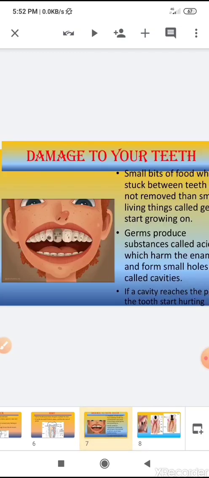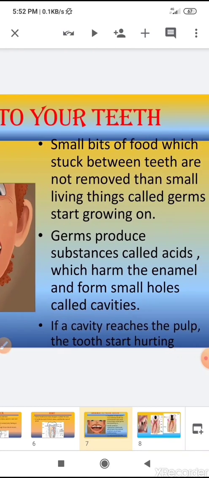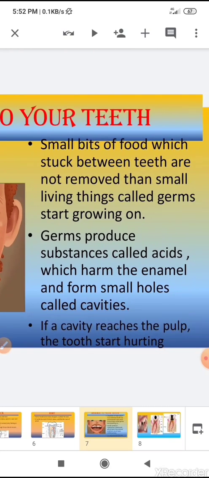Our next topic is, children, damage to your teeth. In this, you will learn how your teeth get damaged. When small bits of food stuck between the teeth are not removed, small living things called germs start growing.